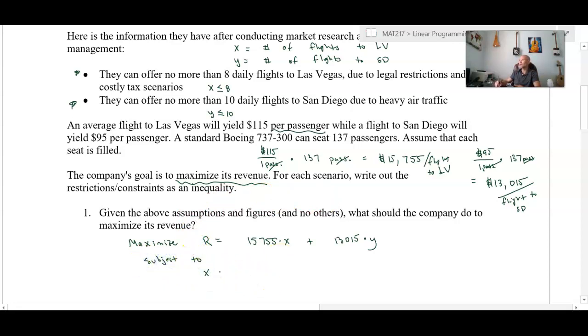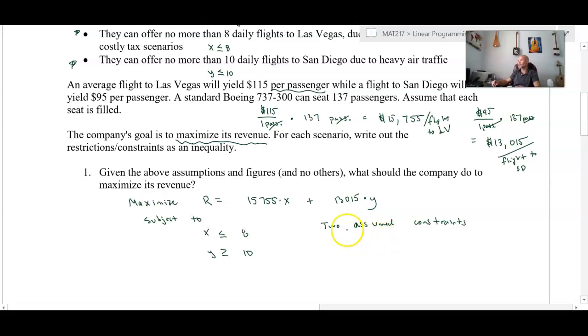X has to be less than or equal to 8, and Y has to be greater than or equal to 10. By the way, in linear programming problems, there are always two assumed constraints, which I think intuitively makes sense since we are usually dealing with real-world scenarios here.